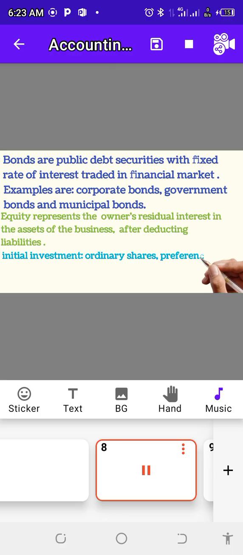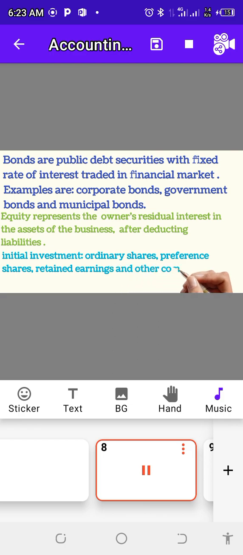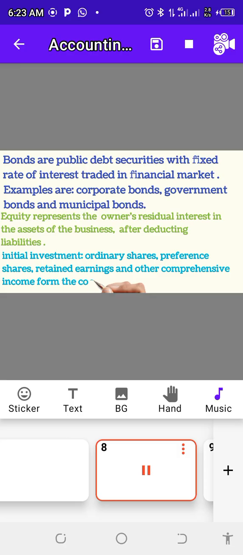Then we have retained earnings or retained profits and other comprehensive income. That is to say, the components of equity are ordinary shares or common stock, preference shares or preference stock, retained earnings or retained profits, and other comprehensive income.